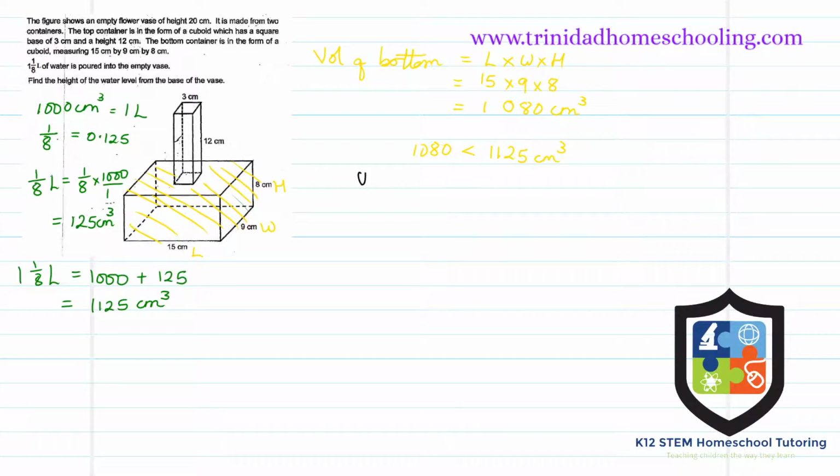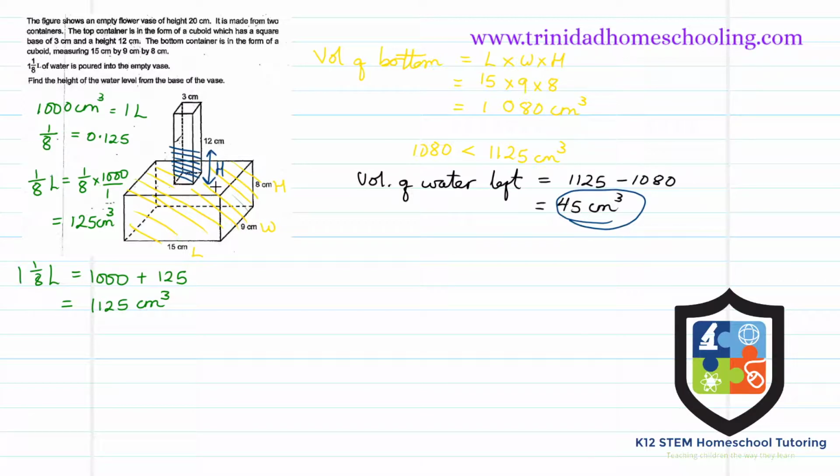So let's see how much water was left. The volume of water left is 1125 minus that 1080. This will give you 45 centimeters cubed. Now this 45 centimeters cubed is what fills the top part, and we don't know what height that water is filled to.